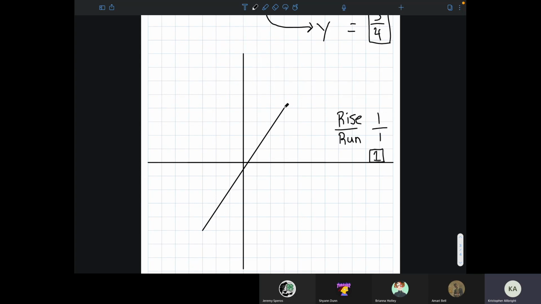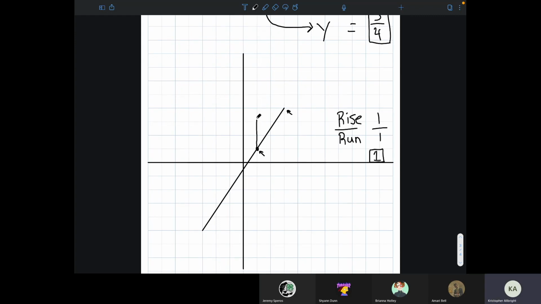We're going to pick a point on the line, any point. I'm going to take this one. And I'm looking for somewhere that it crosses at whole numbers. So now we go up until we find another point. So it looks like this is our next point.